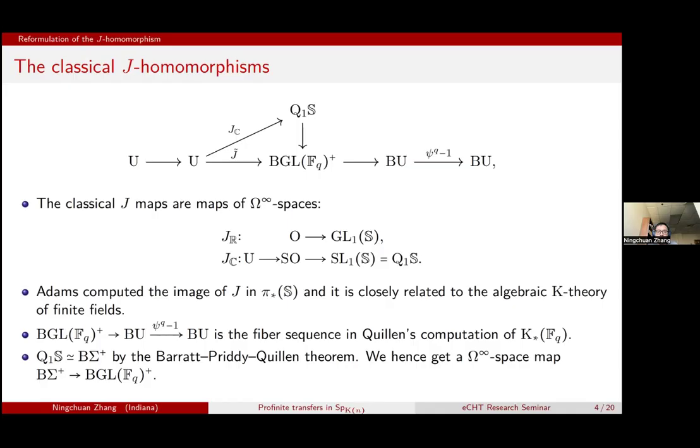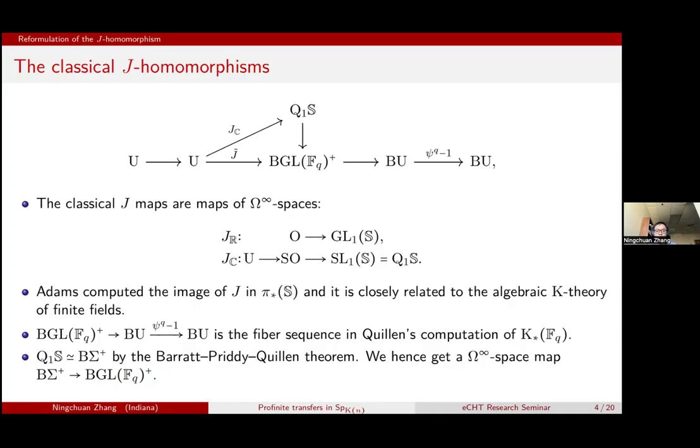In this way, we get a diagram of maps between infinite loop spaces that connects the J homomorphism and the algebraic K-theory of finite fields, which will be our gateway. Later we'll reformulate this picture in the chromatic language.